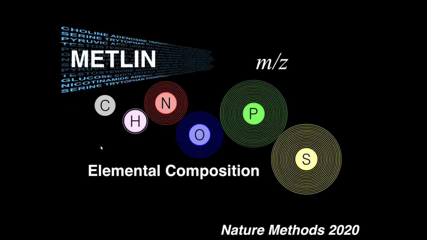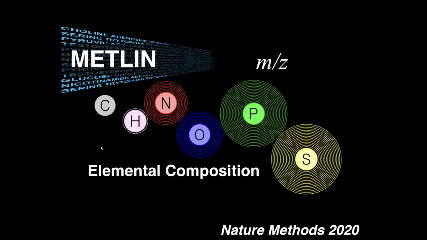It started off where we were just putting molecules into the database and using the elemental composition or the m/z values to help identify what these molecules are. As you can imagine, that is problematic because a lot of molecules have the same elemental composition, or even if they have different elemental compositions, their masses can be very similar.